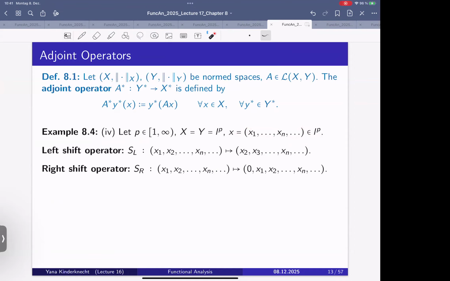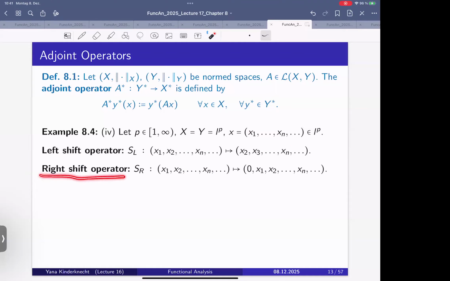We consider two operators, left and right shift operators. The left shift operator acts as follows. It takes element x from LP, kills the first coordinate, and all other coordinates are shifted to the left by one position. That's why it is called left shift. And as a result, we obtain these coordinates.